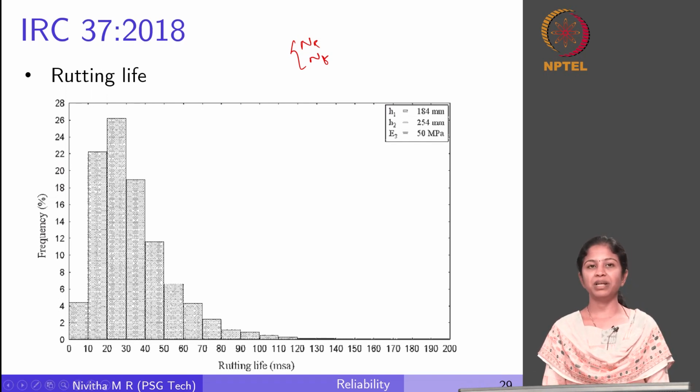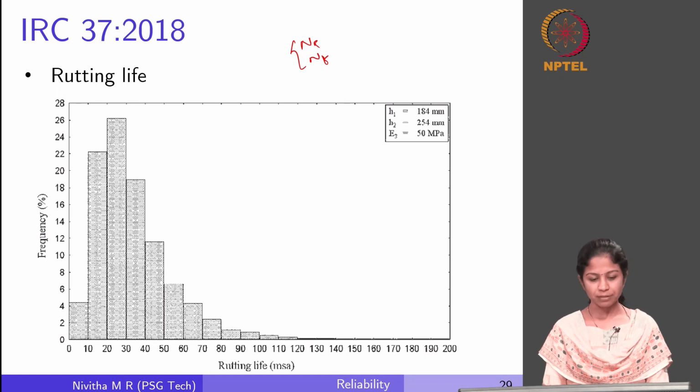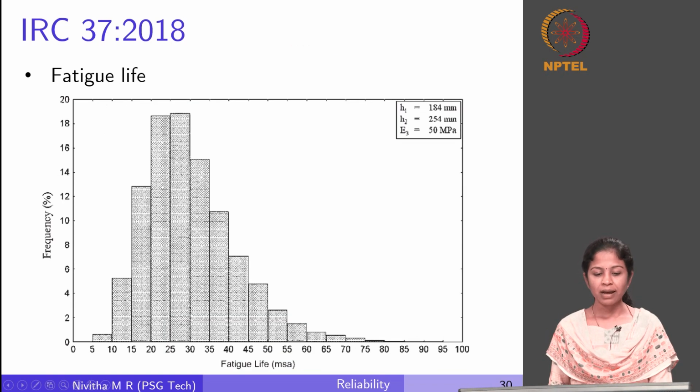Later, as I said, 2-3 lectures down, we will go through a procedure wherein we will be able to arrive at this kind of a distribution for the rutting and fatigue life of the pavement. So, this is for rutting and this is for fatigue life. Ideally we should be getting this, but what we get in IRC 37 is one deterministic value.